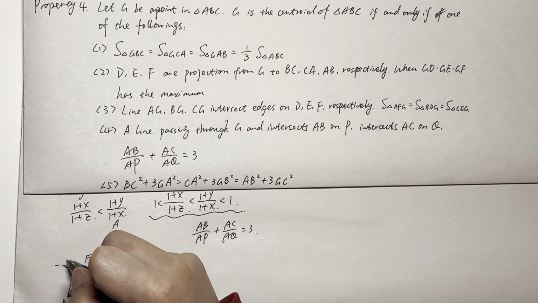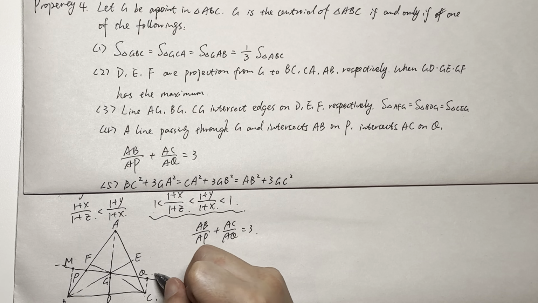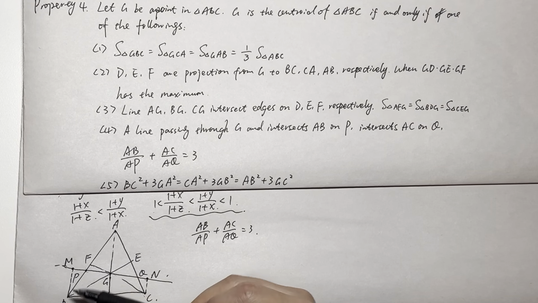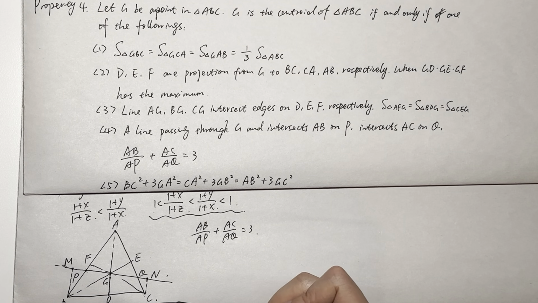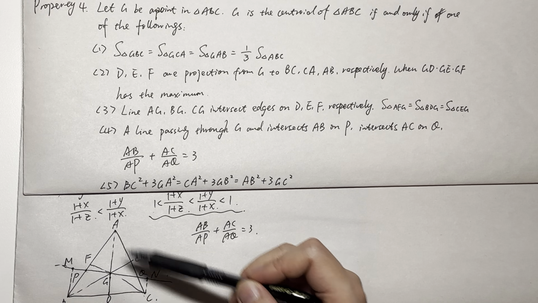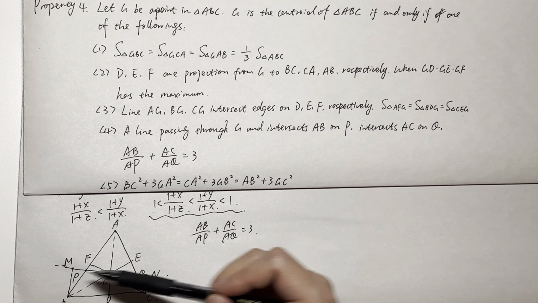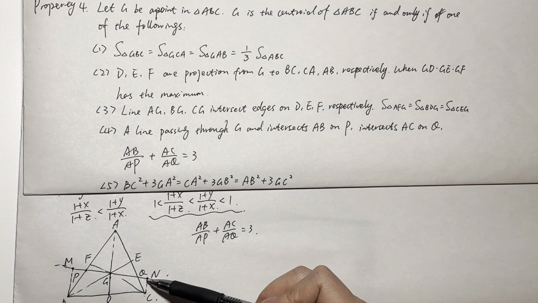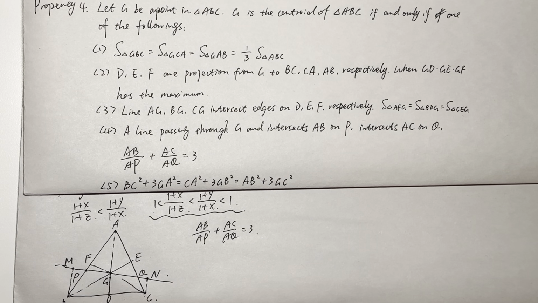Let's call this point M, this point N. We draw parallel lines from points B and C parallel to AD, and they meet the line PQ at M and N, right?